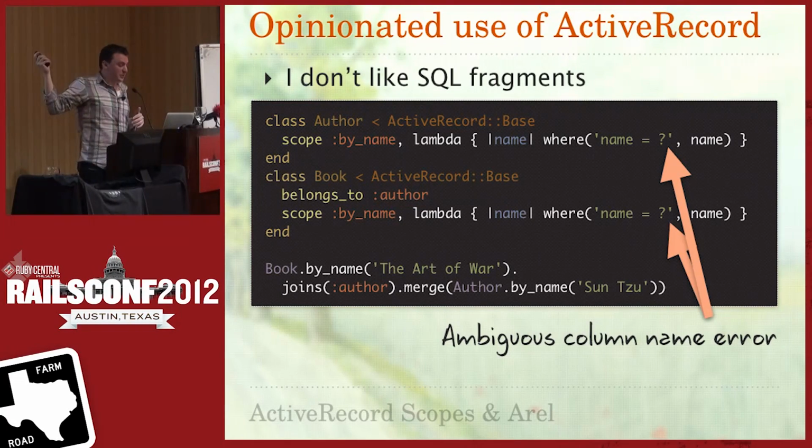Now granted, in these examples I'm using the equal, which is kind of silly because I could have just used the hash to begin with, but I just wanted a simple example of using a SQL fragment. So I just avoid those things at all costs. And again, if you do have to use them, make sure that you prefix with the table name.